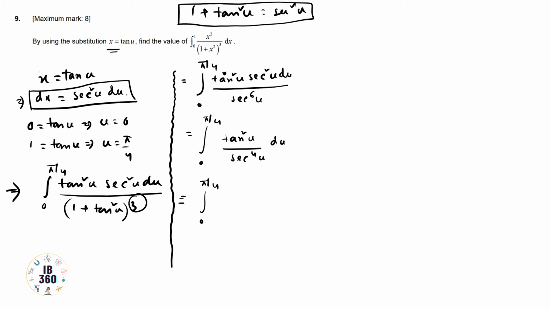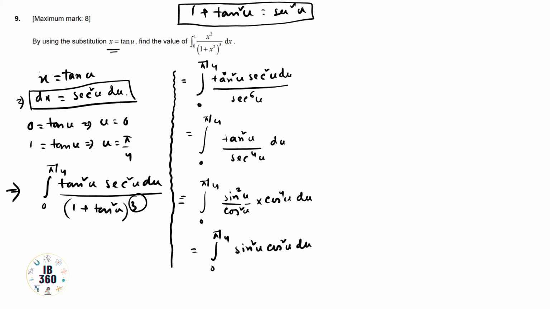As it is sec square u, if it is up, it is basically sin square u divided by cos square u into cos to the power 4u du. So it is basically 0 to pi by 4 sin square u cos square u du.